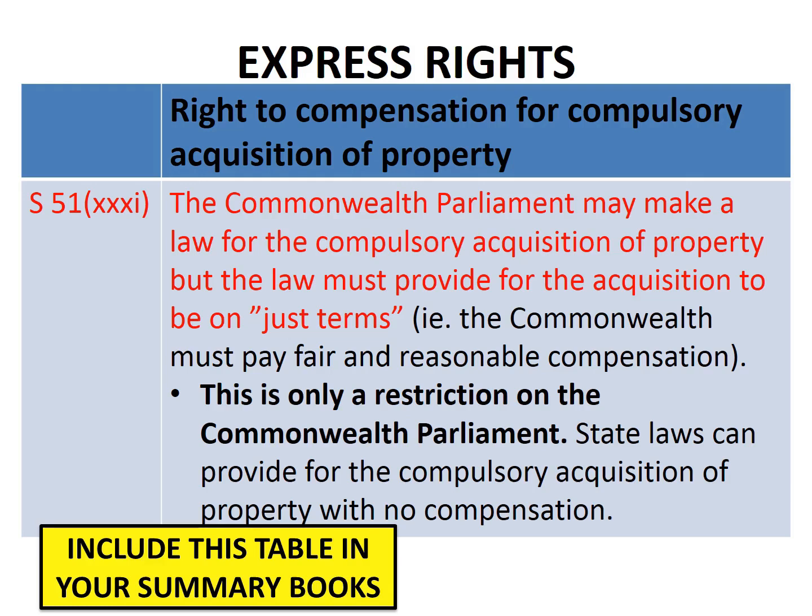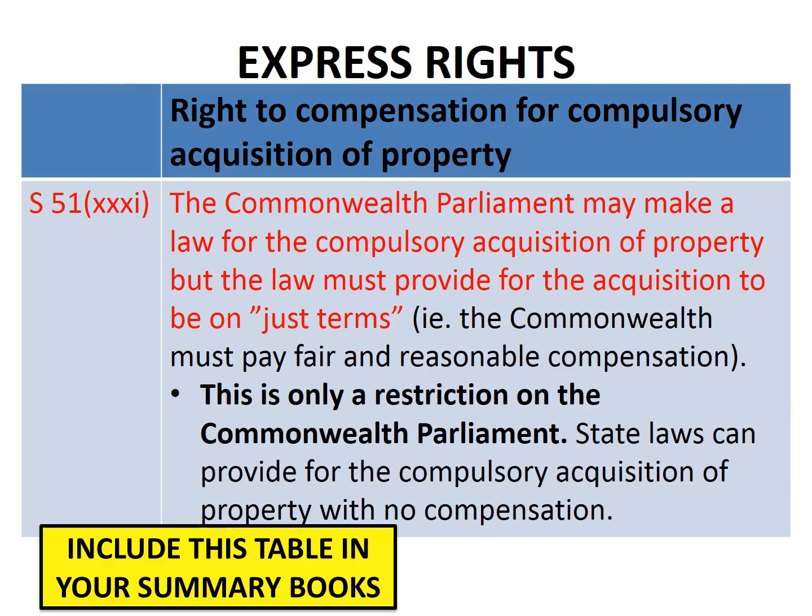Now we turn to subsection 31 and it says the acquisition of property on just terms. Put another way, the Commonwealth Parliament has the power to make a law for the compulsory acquisition of property, that is, for taking away your property without your consent.